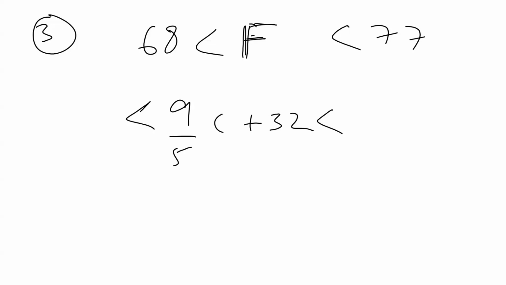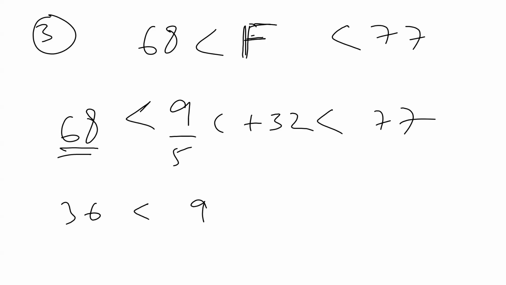So solve this. First, subtract 32 on both ends. 68 minus 32 is 36. And 77 minus 32 is 45.